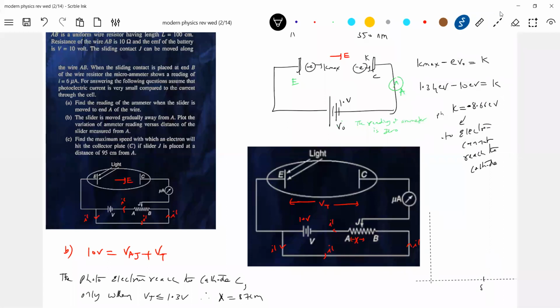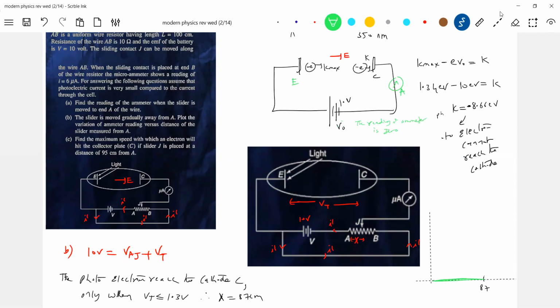Somewhere this is 87. How should the curve be? Initially zero, sir, so it will be a straight line, horizontal. Also it will be linear.